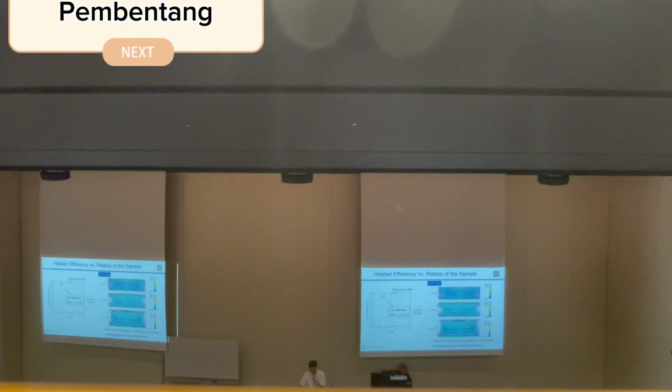At this point and at this higher efficiency point, a standing wave of E fields is generated in the sample, but only at this point with lower efficiency, a standing wave is not generated.